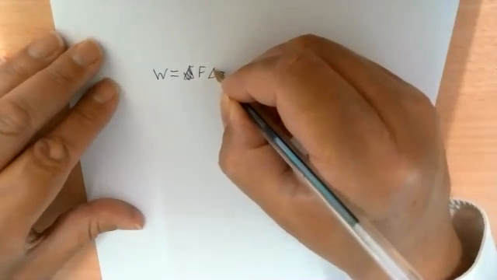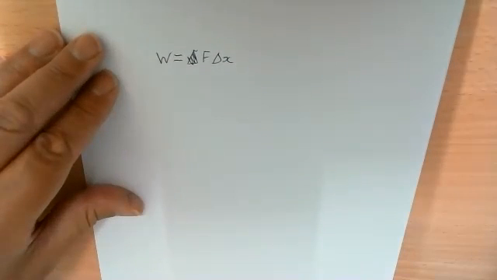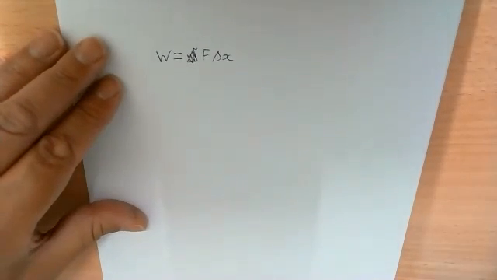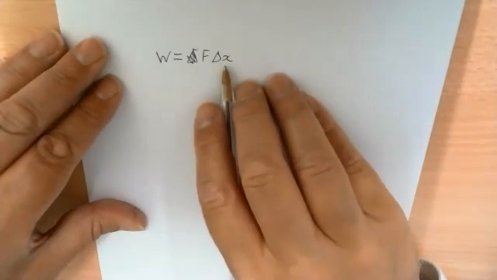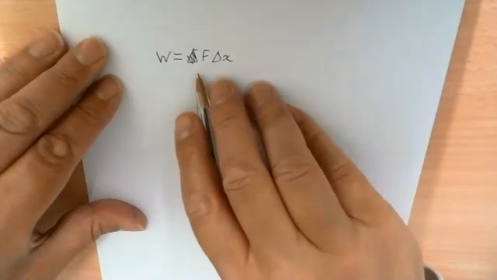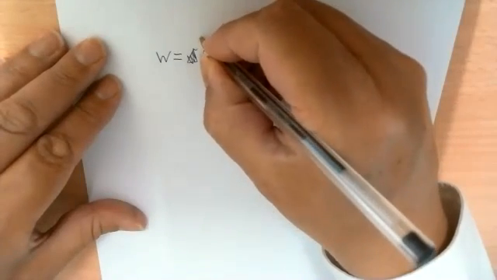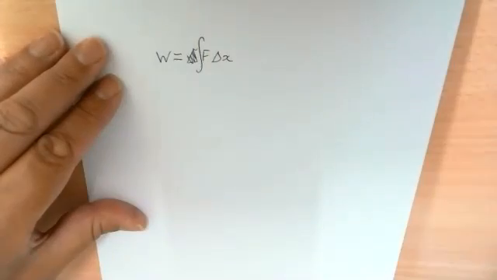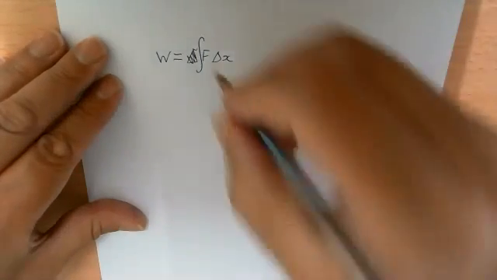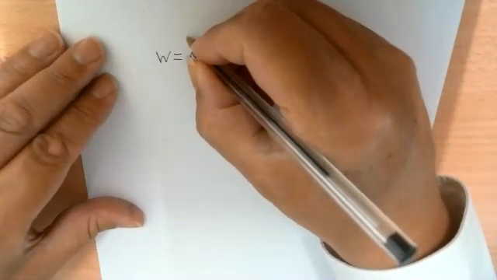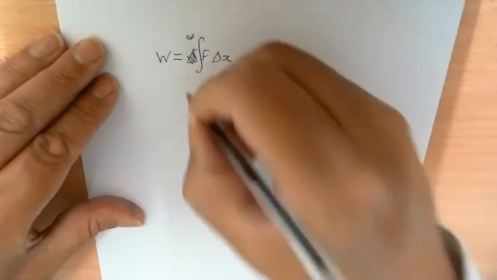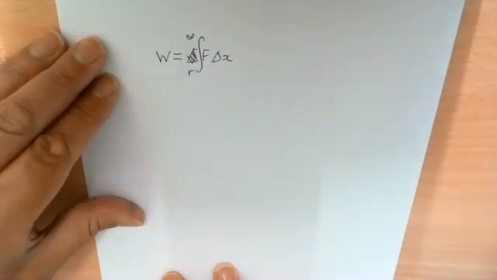Now, have you done integration in maths yet? Yes. Right, so if we want to work out the force times distance, it's basically the integral of the force times the distance going from infinity to the point of distance r from the object.